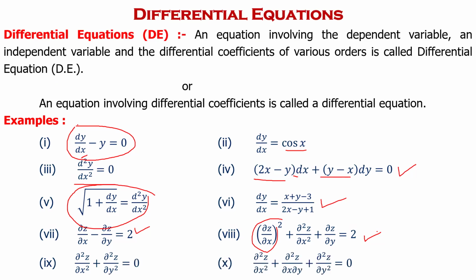So these are 10 examples of differential equations in which we are using the dependent variable y, independent variable x, and differential coefficient of y with respect to x, or partial differential coefficient of z with respect to x and y.